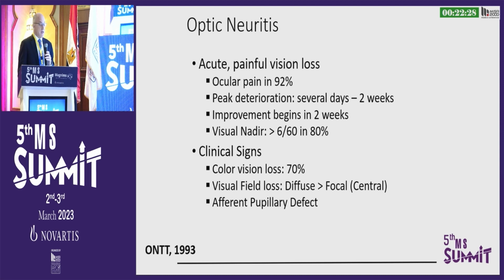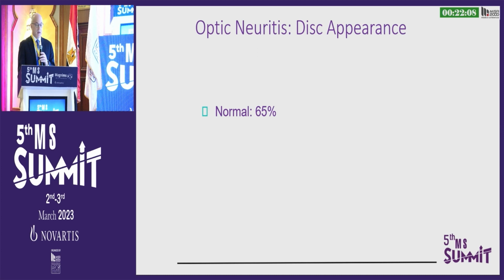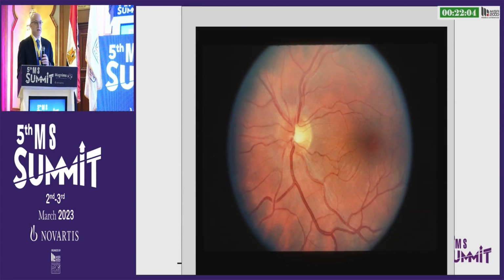Visual acuity is often worse than 20/100 in 80% of individuals, and color vision loss and an afferent pupillary defect are the key additional clinical signs. Visual field loss can be diffuse or central. In 65% of patients, the optic nerve looks normal.